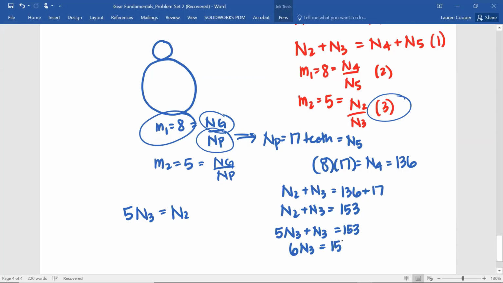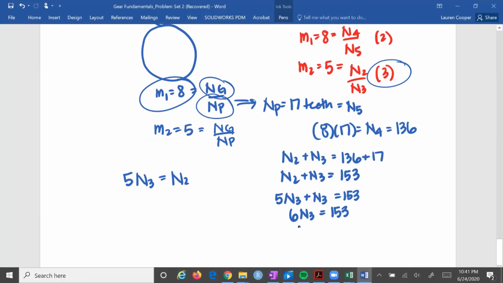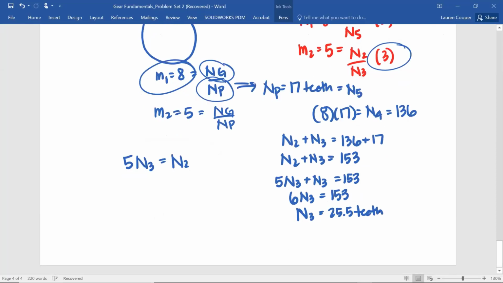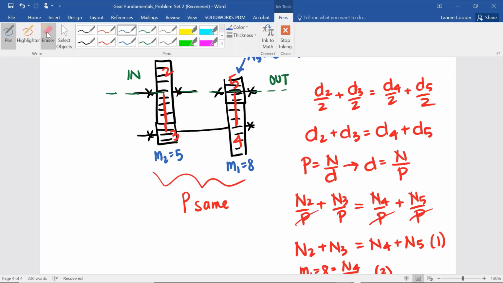Too many 3s and too many 6s going around in my head. Okay. So let's hope that 153 divided by 6 is an integer. Dang, it's not. Shoot, we can't have that. We can't have a gear with a non-integer number of teeth. So what we can do is just try again.